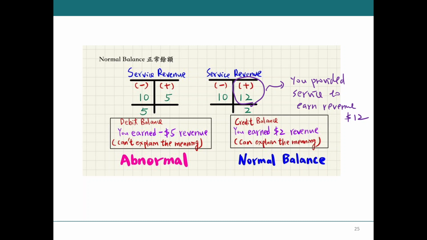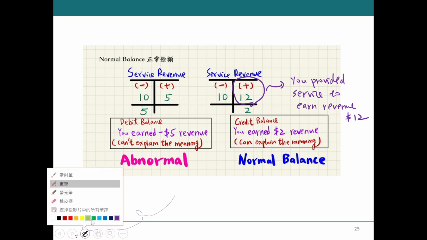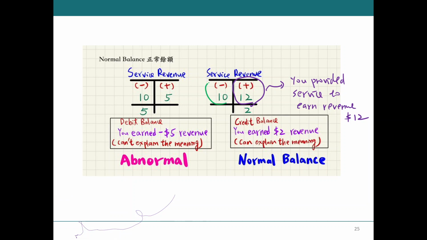Revenue decrease means what? You cancel the service. So even though you cancel $10 of service, okay? So service revenue decrease means you cancel $10 of service. Okay? So in the end, you still earn revenue of $2, right?